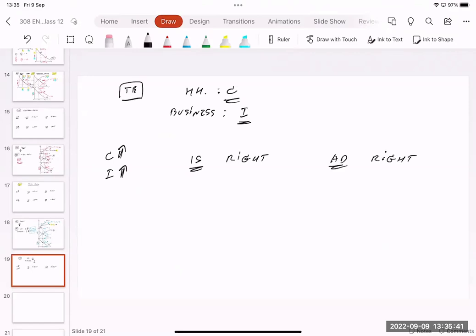In the opposite way, you may try to draw the graph by yourself at home. If the household sector consumes less, if the business sector invests less, the IS curve will shift to the left, and the aggregate demand curve also shifts to the left. Okay, this is for the conclusion.